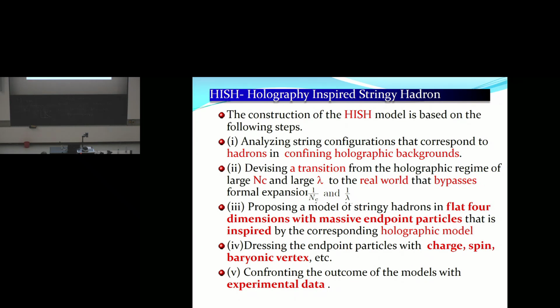Okay, so the basic construction of HISH is based on the following stages. First of all, we analyze string configurations that correspond to hadrons in holographic backgrounds, which I refer to as confining holographic backgrounds.